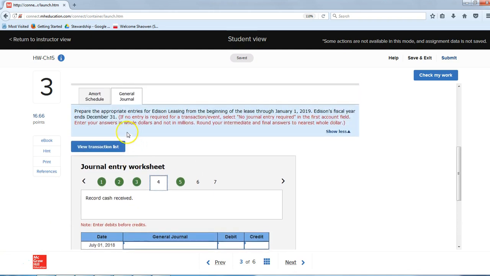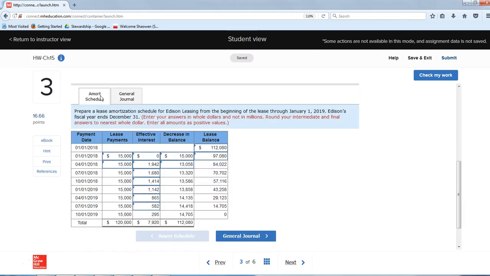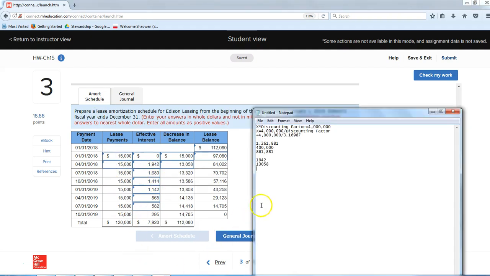On July 1st, the amortization table for 2018 says 1,680 and 13,320.